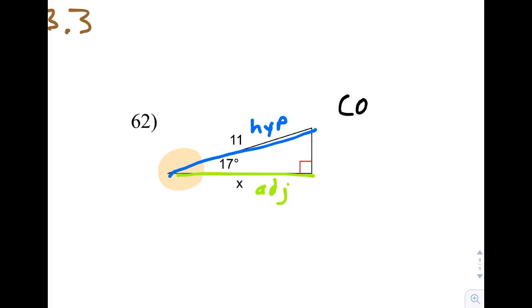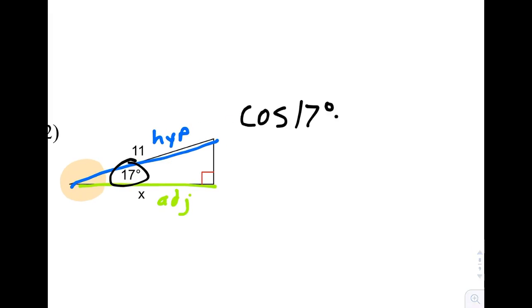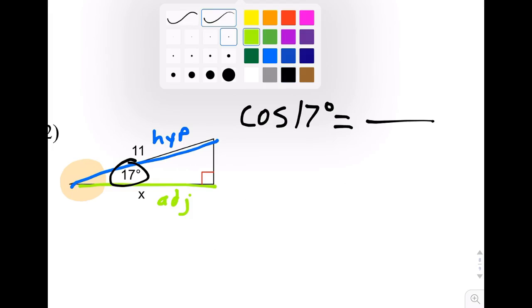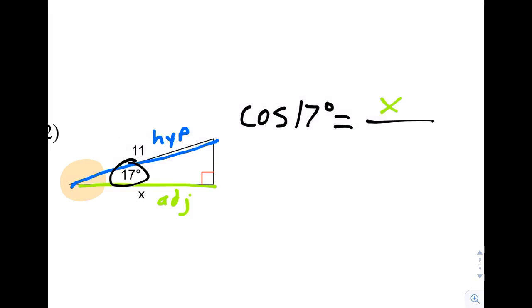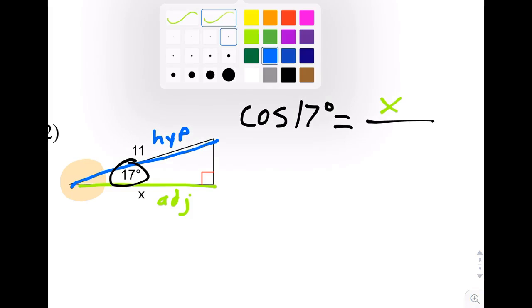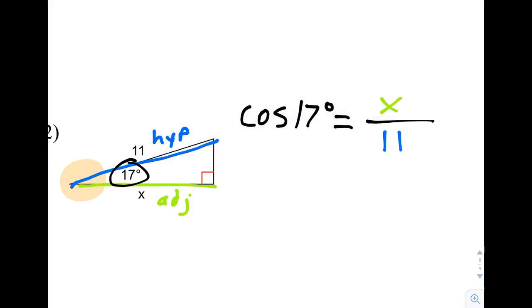So cosine of, and we always use the angle when we do this, so cosine of 17 degrees is equal to the opposite on top, or sorry, the adjacent on top, which is x in this case, divided by the hypotenuse, which is 11 in this case.